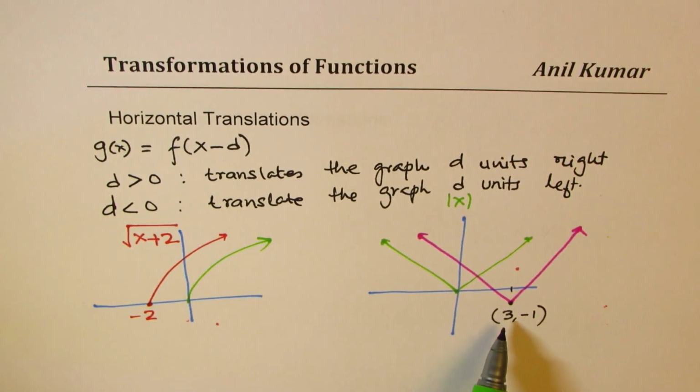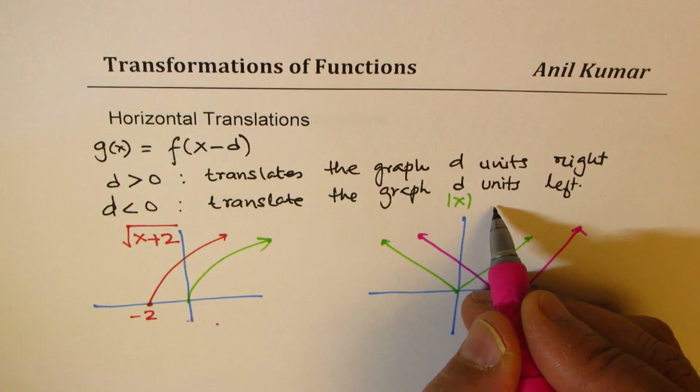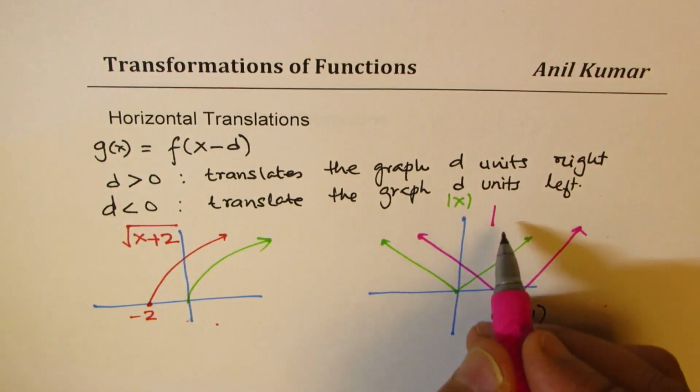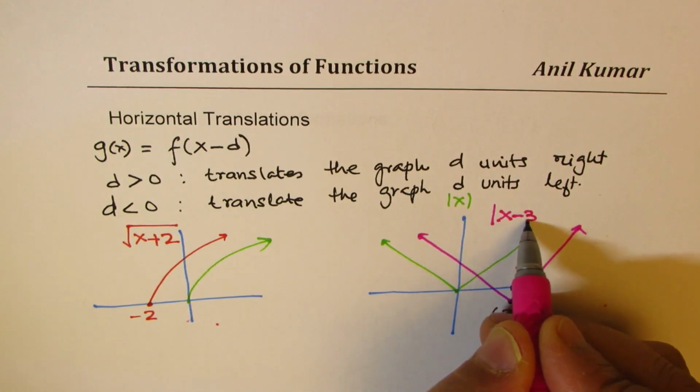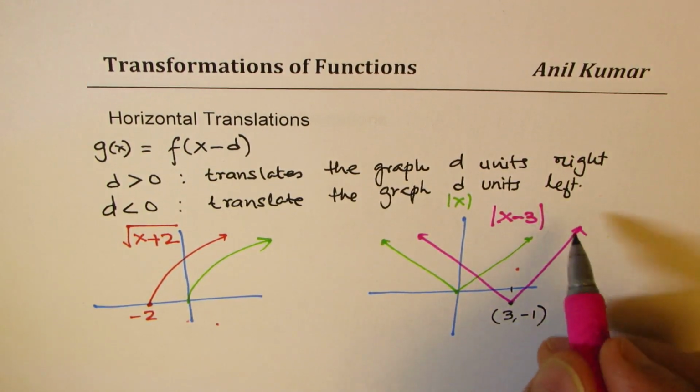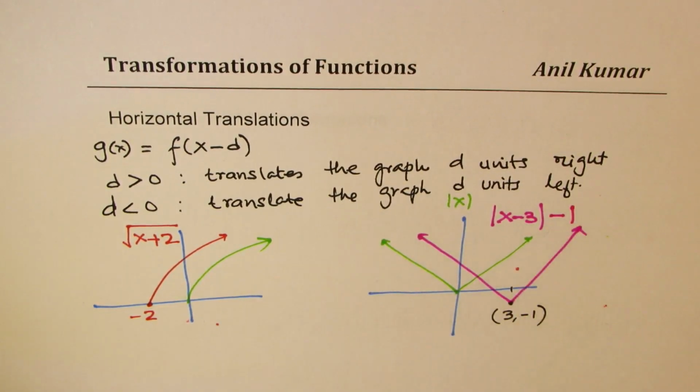Here we moved down by 1 unit in y value and moved right to 3. So I could write this function as the absolute value of x minus 3, since you're moving right by 3 units. That makes it 0 at 3, right? And down by 1, minus 1. So that becomes g of x as shown here.